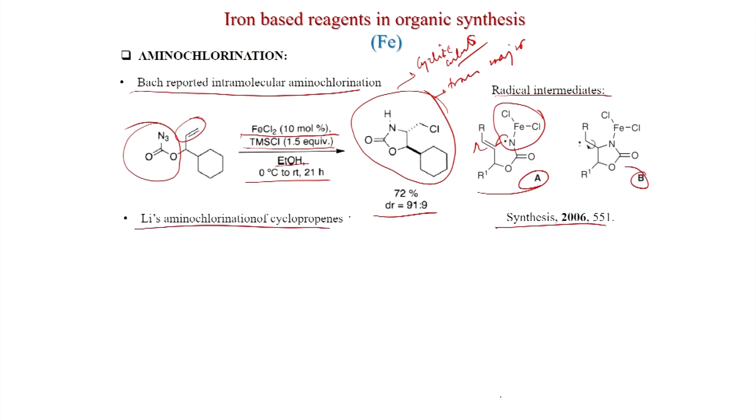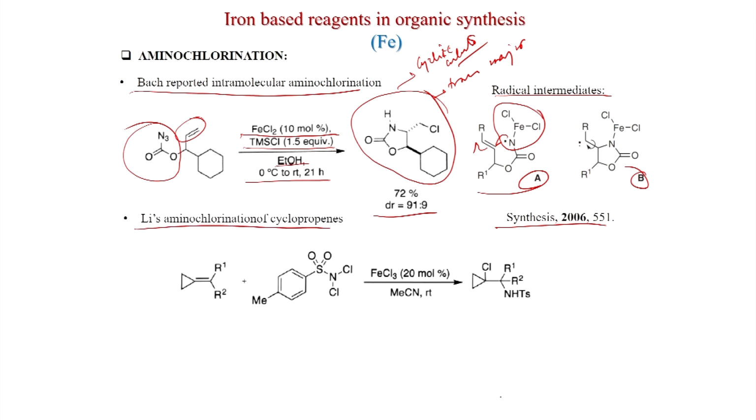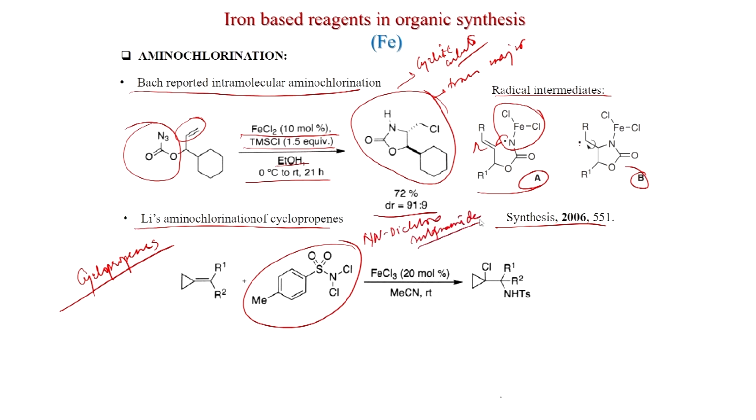This leads to aminochlorination of cyclopropene. So, this is cyclopropene, and this is an N,N-dichlorosulfonamide, with ferric chloride 20 mole percent in acetonitrile you get this.